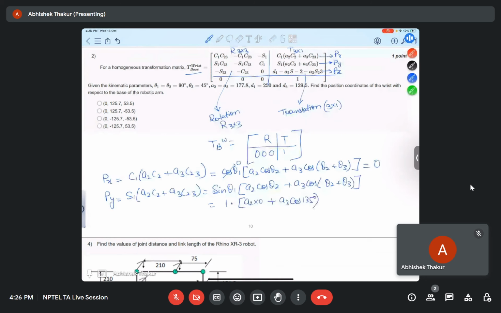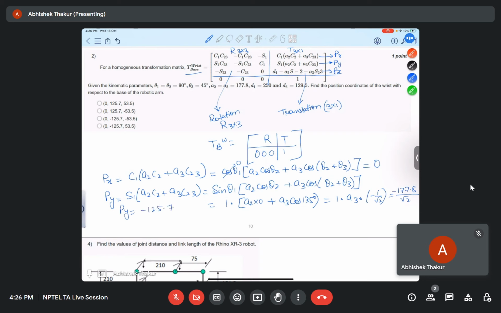So this is equal to 1 into A3 into cos 135, which is minus 1 by root 2. And A3 is given as 177.8. So the answer will be 177.8 divided by root 2, in the negative. So Py is equal to, when you calculate this, minus 125.7.